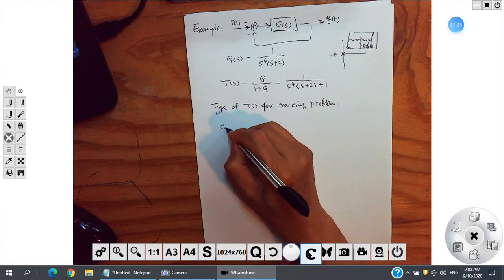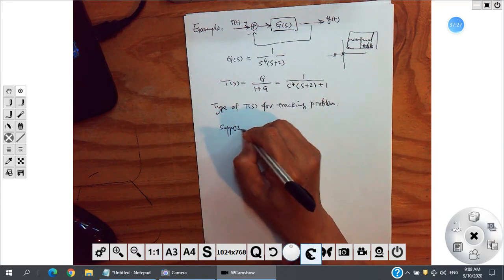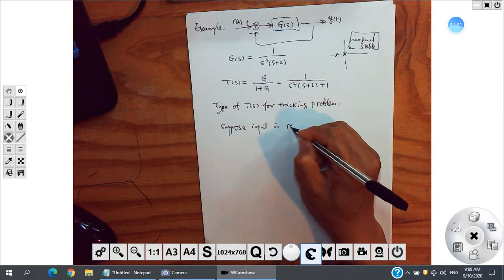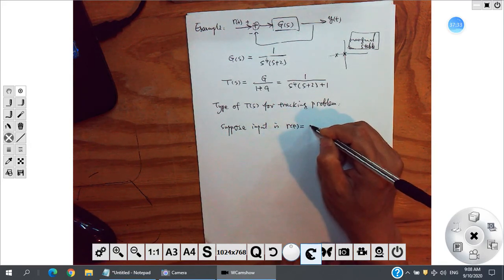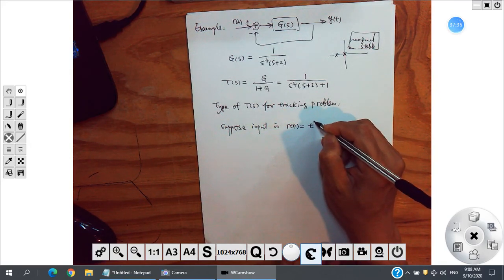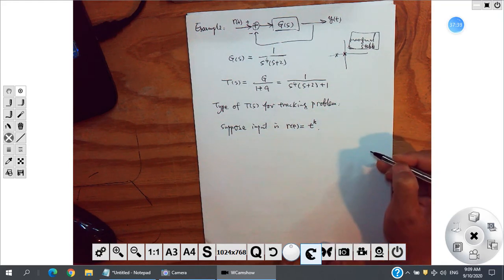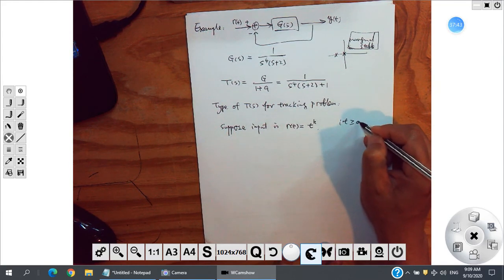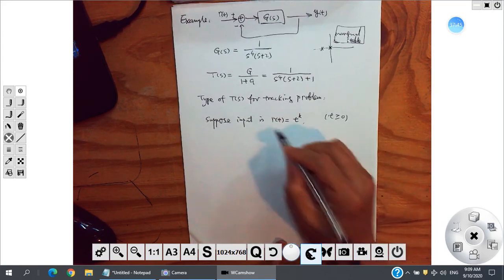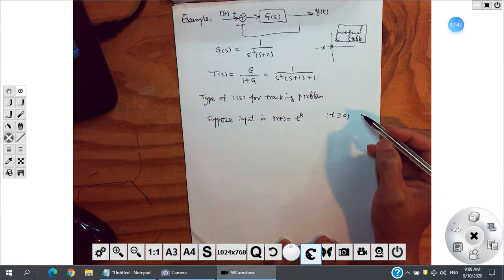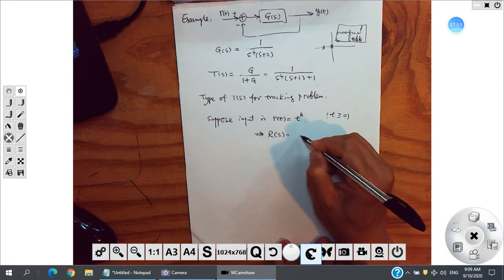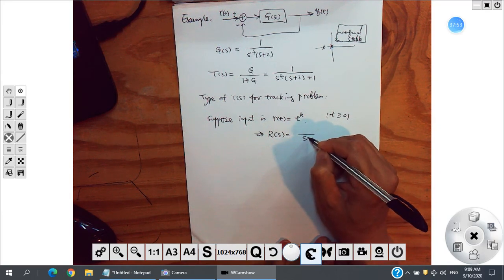Suppose the input is r(t) equal to t to the k, using the same notation. Of course we suppose t is positive; the negative side doesn't matter. Then R(s) will be something over s to the k plus 1.